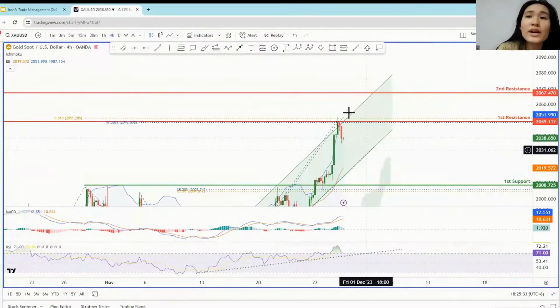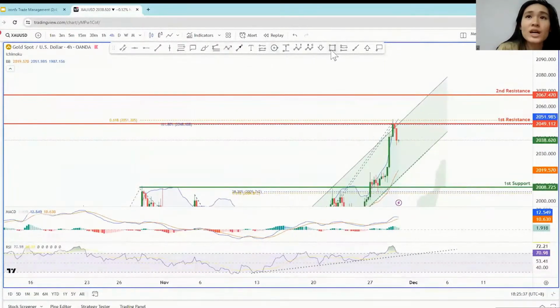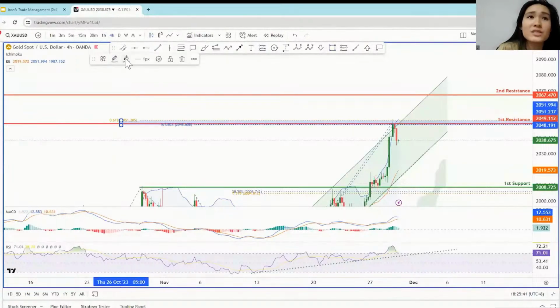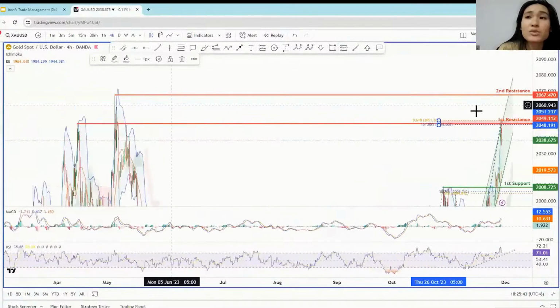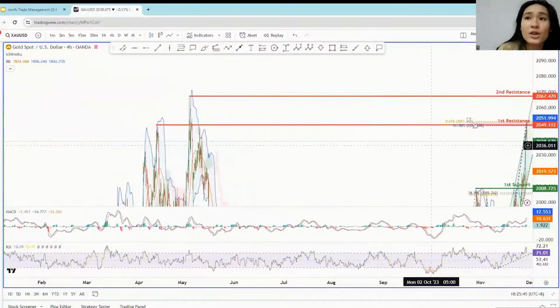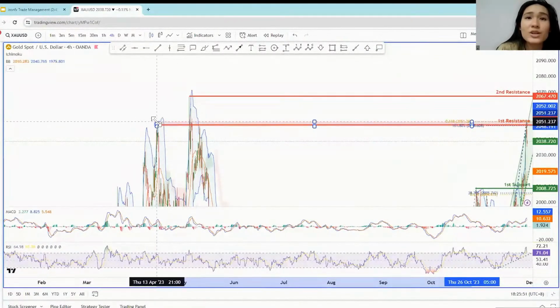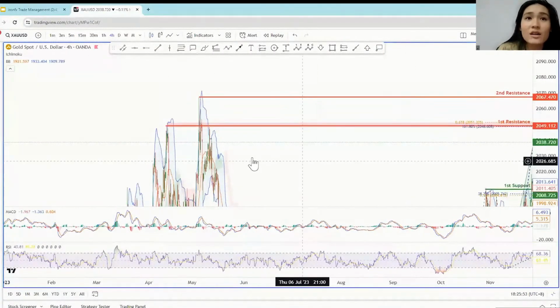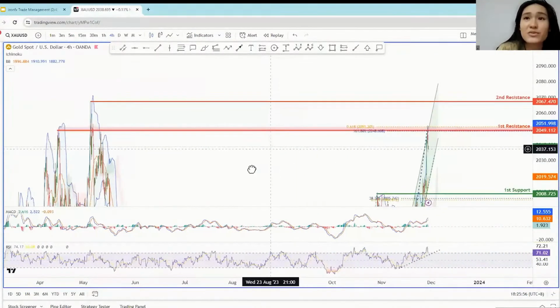This reversal could be because of this confluence area here, at our first resistance. As I mentioned earlier, we want to pull back your lines or your levels as far as possible so that you can see how significant these levels are. You can see that price has tested this level many times before.